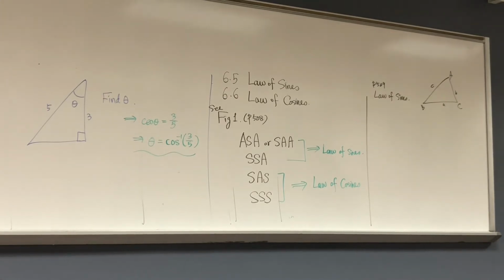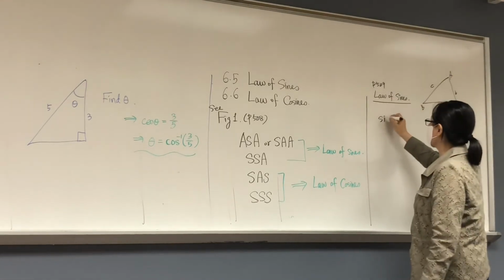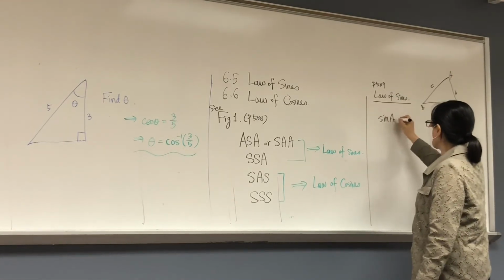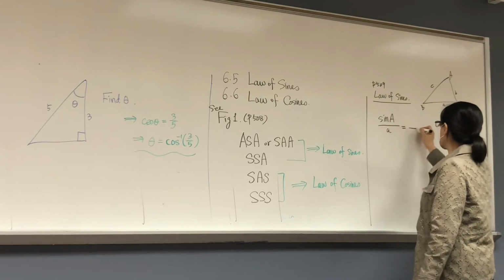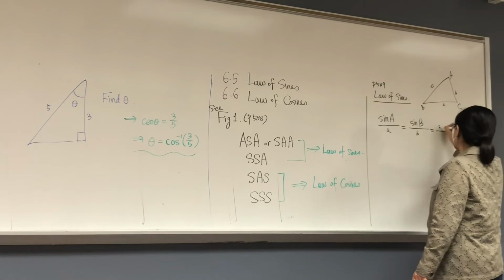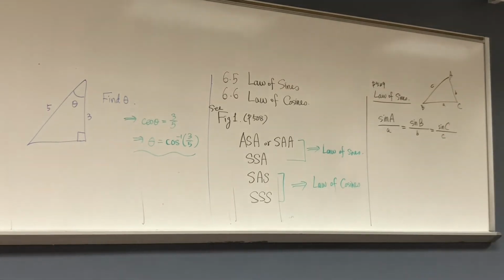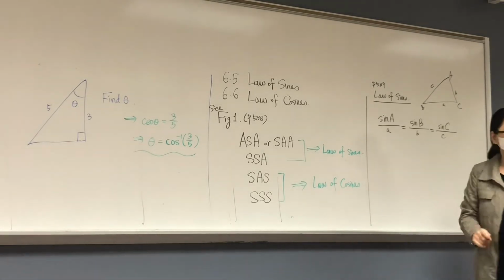The law of sines is the ratio: sine A over a is equal to sine B over b is equal to sine C over c. A bigger angle has a bigger sine value, and the side should be bigger. So this is the sine law.